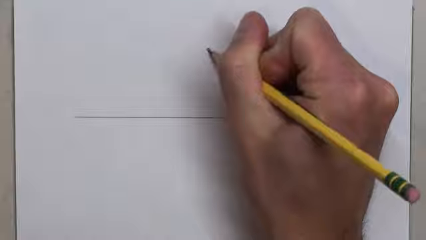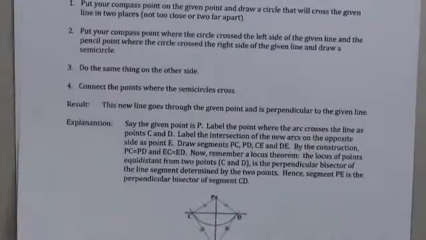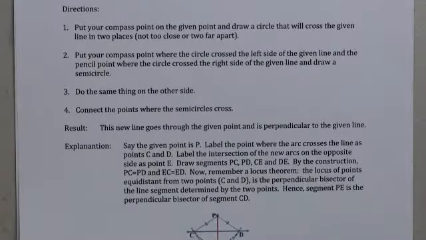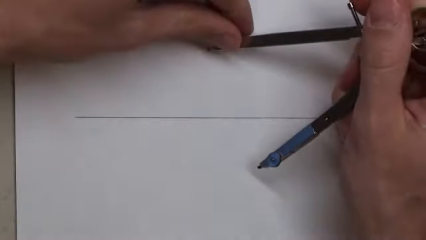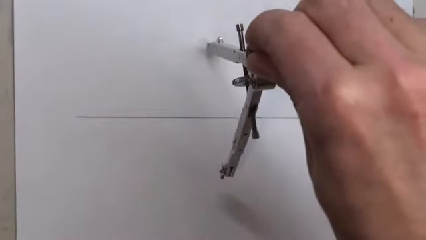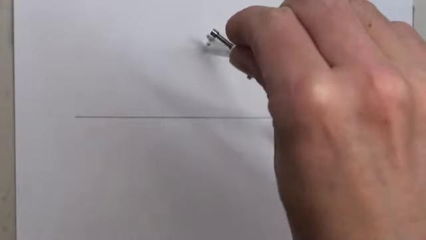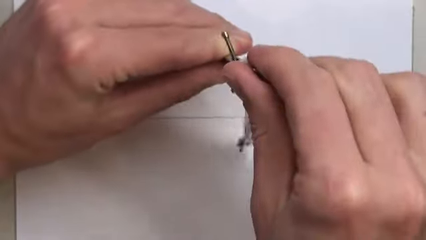And this time the point is going to be up in the air, above or below the line, and we'll call this point P. So step 1, put your compass point on the given point and draw a circle that will cross the given line in two places, not too close or too far apart. So if I put my compass point on P, I want a circle that's going to cross this line in two places, but that's too wide. I need to make it a little bit closer, a little bit more reasonable. That's better.